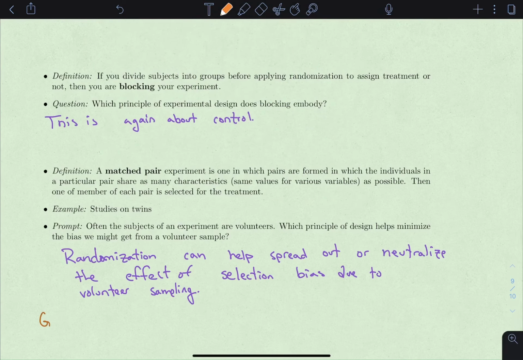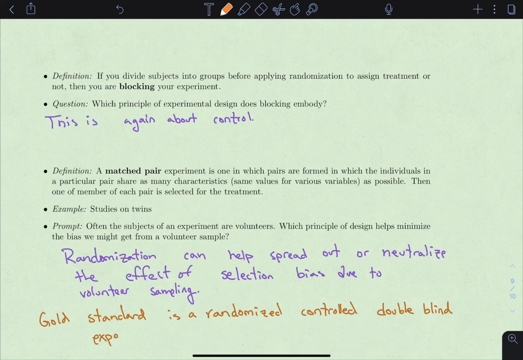The gold standard is randomized, controlled, which has one L, controlled, two L's, double-blind study. And when you hear about studies, they'll say these adjectives, whether they have them or not. Gold standard is a randomized, controlled, double-blind experiment.